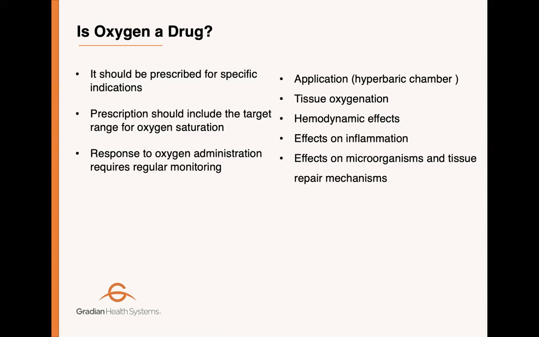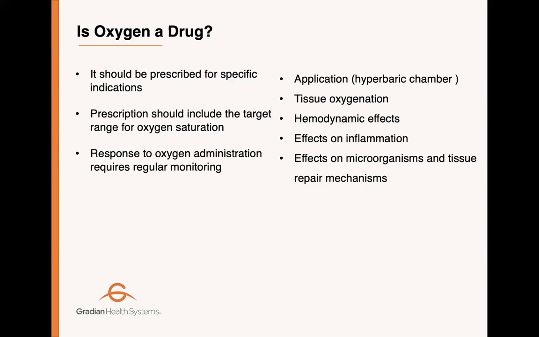But also, the response to oxygen administration requires regular monitoring. You might start at 40, and then your patient improves in terms of oxygen saturation. But later, depending on why the patient was hypoxic, the condition might worsen so that you need to increase the FiO2, the fraction of inspired oxygen. So you need to monitor your patient.